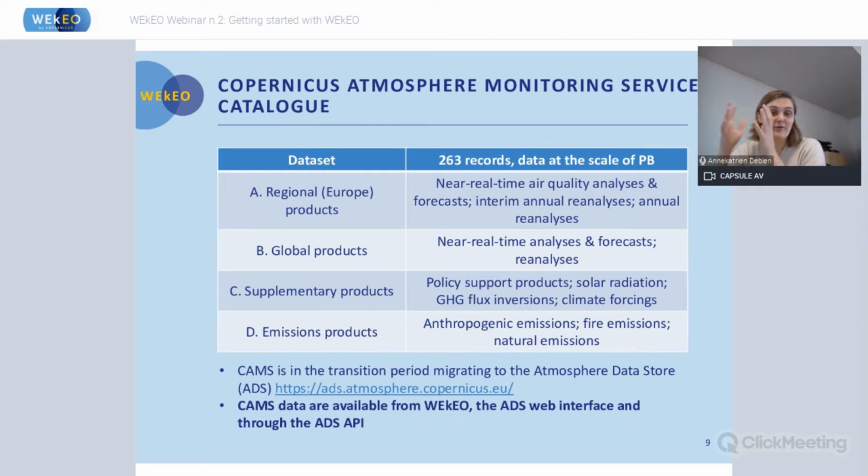Greenhouse gas flux inversions, climate forcings, any data that can help you really extend your product or go into a deeper analysis. And then, of course, emissions products which contribute to air quality: anthropogenic emissions, forest fires, any natural emissions that influence or impact air quality.